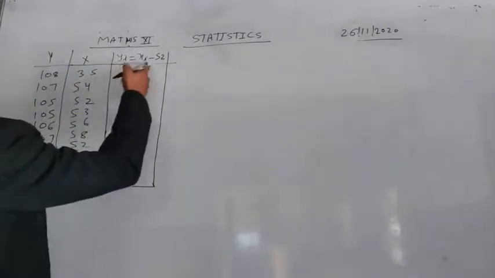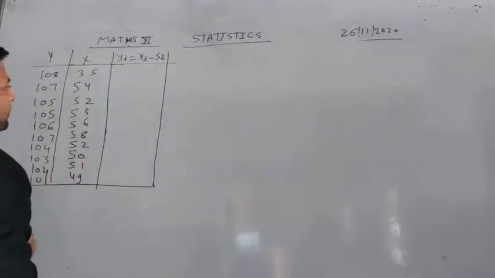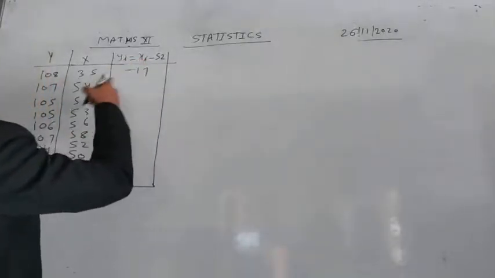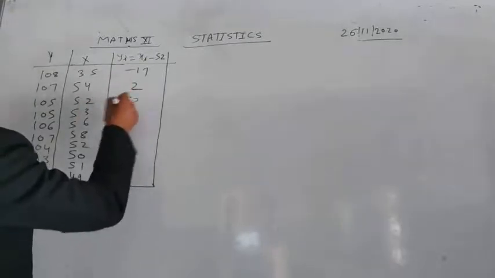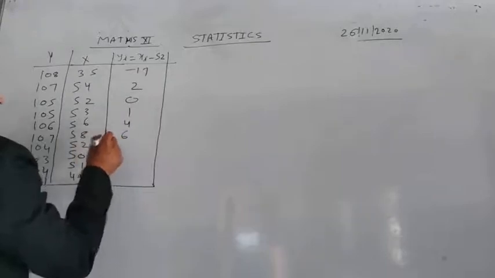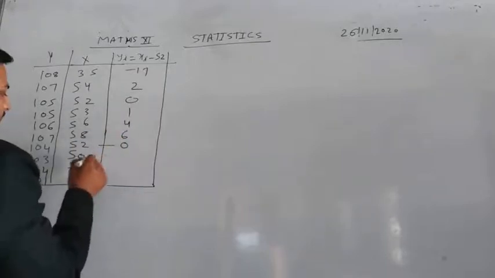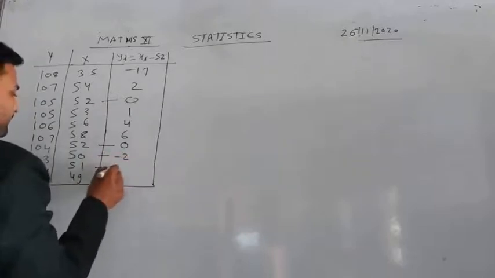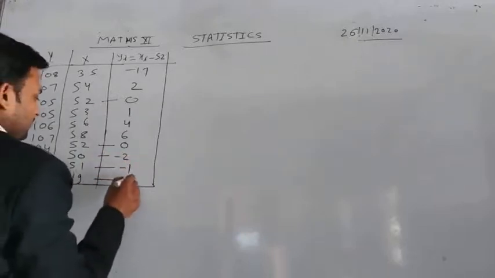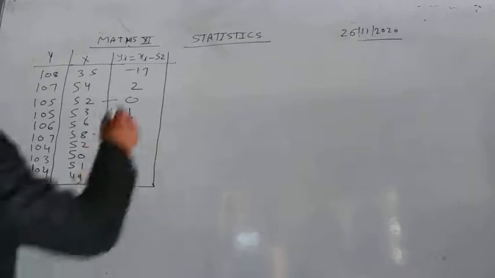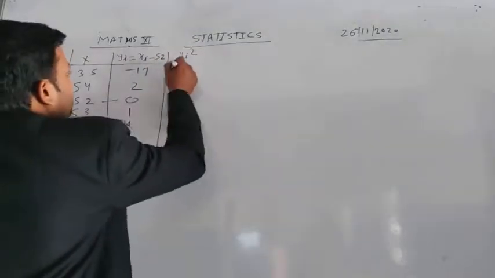We get 35 minus 52 is minus 17, then 2, 0, 1, 4 and 6, 0 again, then minus 2, minus 1, minus 3. So this is our yi.